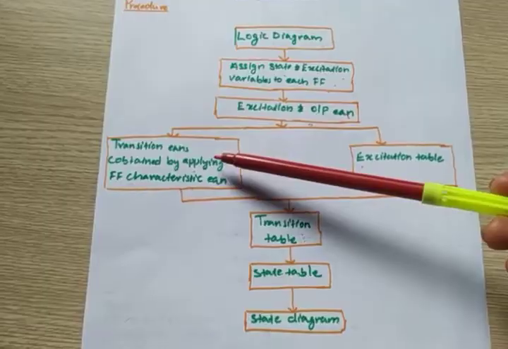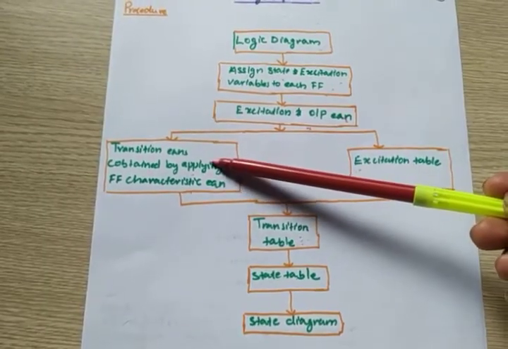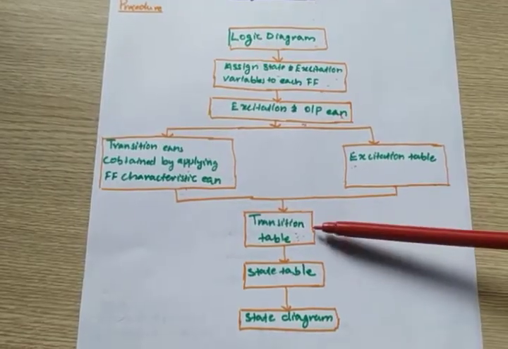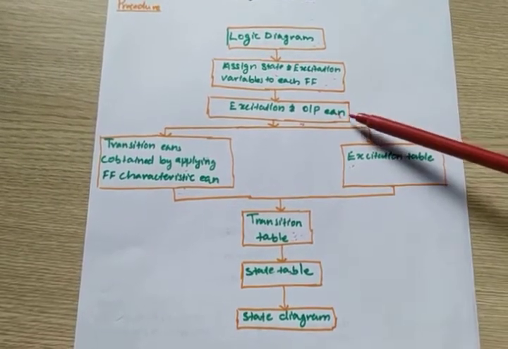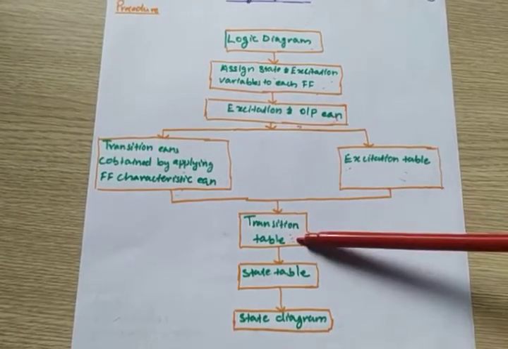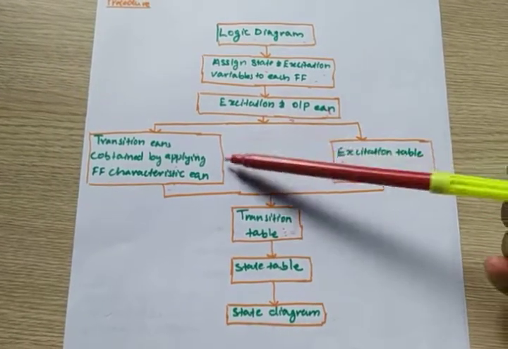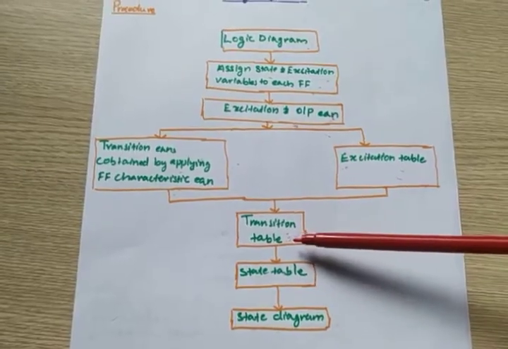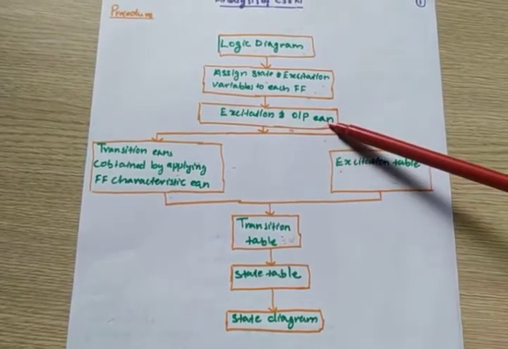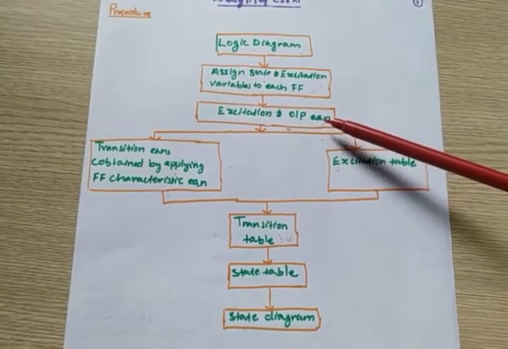One is to write the transition equation, from which you can write the state table. Another method is to write the excitation table, and from the excitation table you can write the transition table. These are the two ways to go to the transition table from the excitation and output equation.